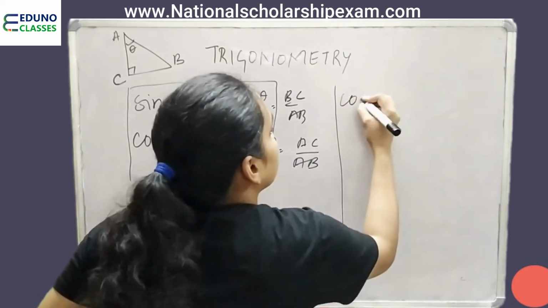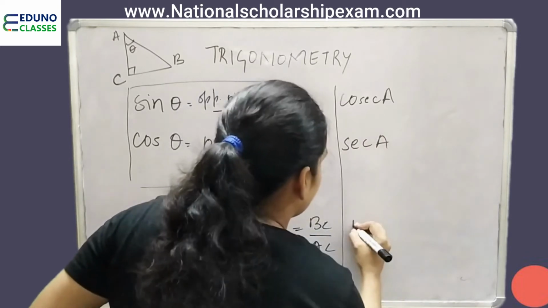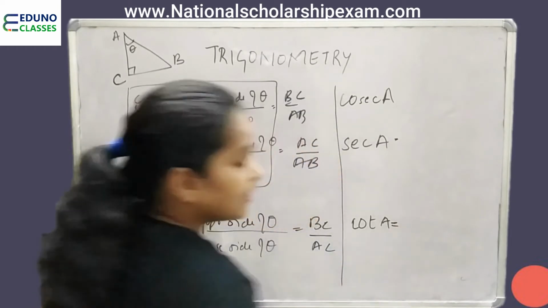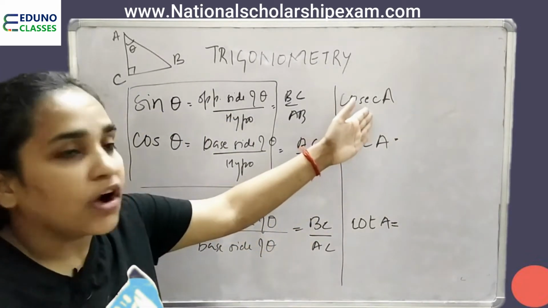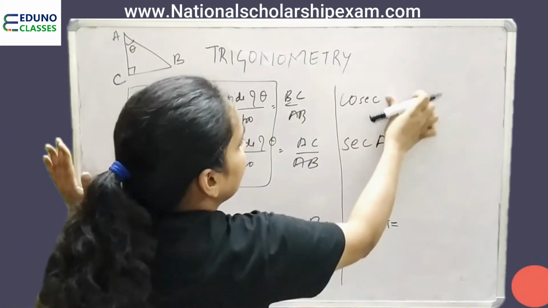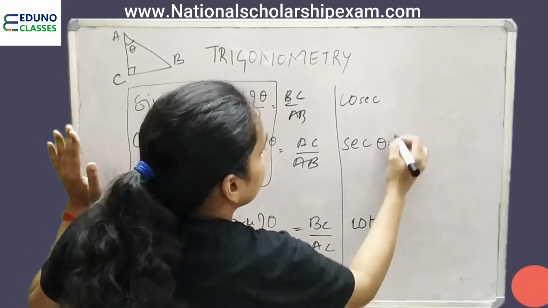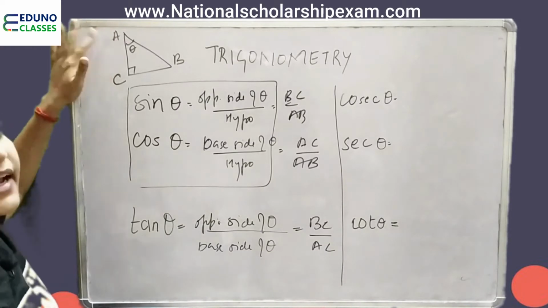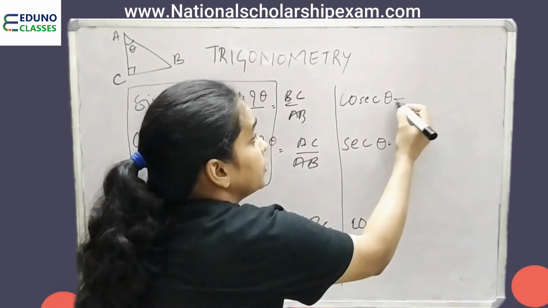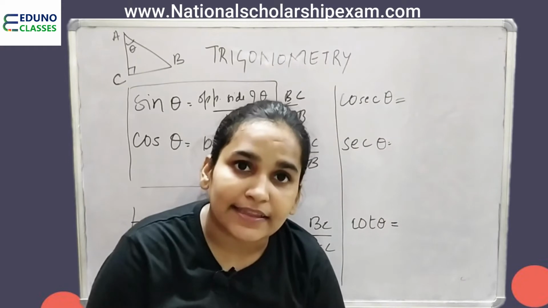The first is cosec A, then sec A, and then cot A. Cosec A is nothing but the reciprocal of sin A. You can take A or theta. Here we have taken theta, so we will continue with that. Theta is nothing but angle A for this triangle. Cosec theta, as I told you, is the reciprocal of sin theta.